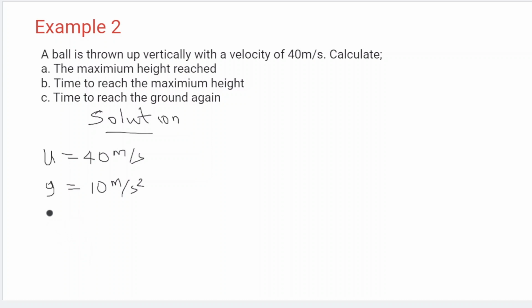Like I said, if we throw a ball up, the velocity at maximum height will be 0. The final velocity at maximum height will be 0 when you throw a ball up. So take note of that point.